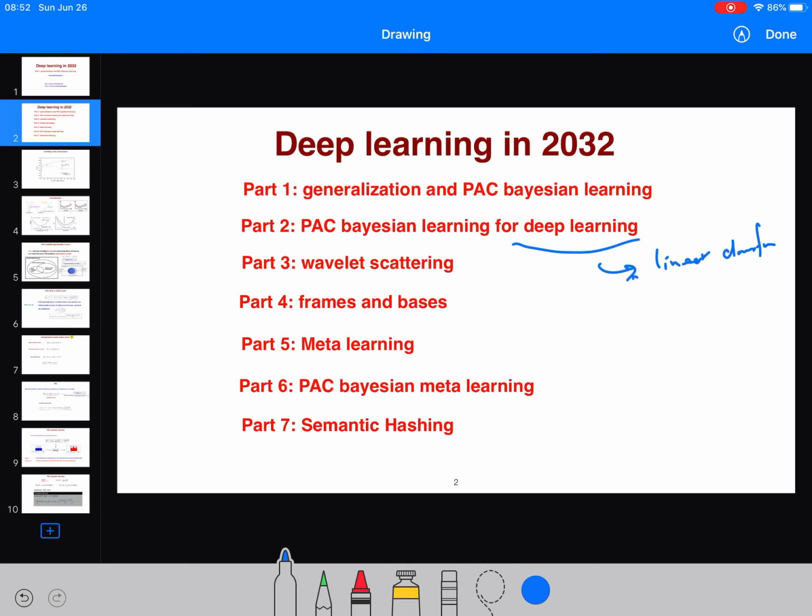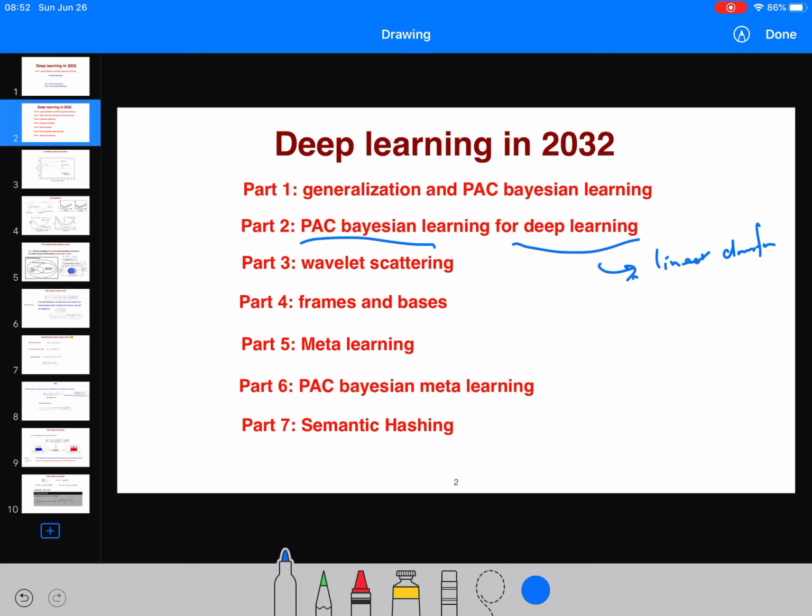So next week I will talk about linear classifier. Then I will talk about multi-layer binary networks. I mean, your activation is binary, and we want to see how we can design the weights, how we can train these neural networks so that we have a better generalization.